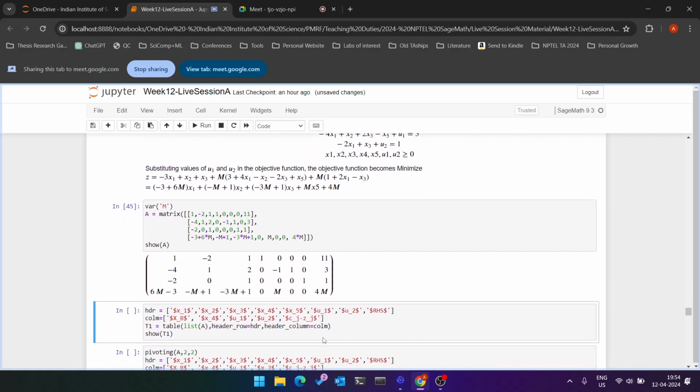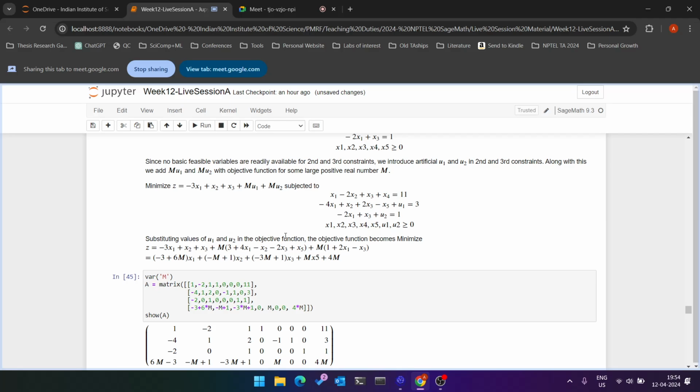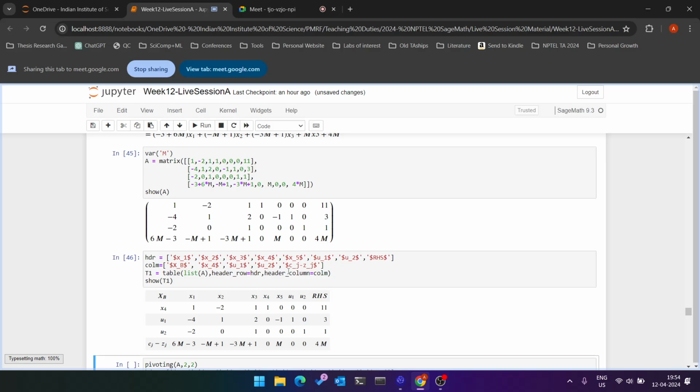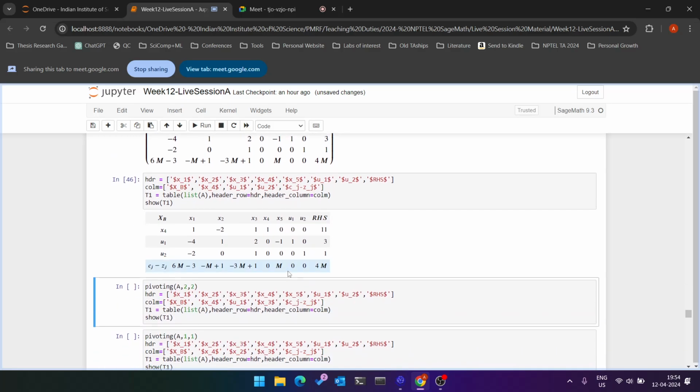With this in mind, we next write down our header as well as columns: x1, x2, x3, x4, x5, u1, u2, right hand side, and the rows are basically my basic variables: x4, u1 and u2. No artificial variable was introduced in the first constraint, so x4, u1, u2, and cj minus zj.